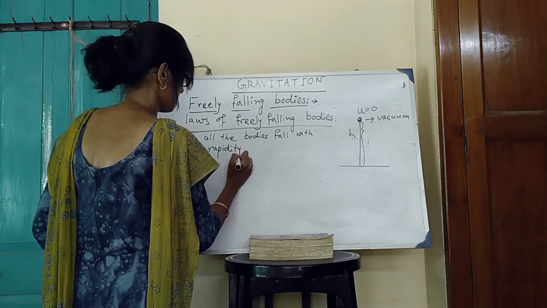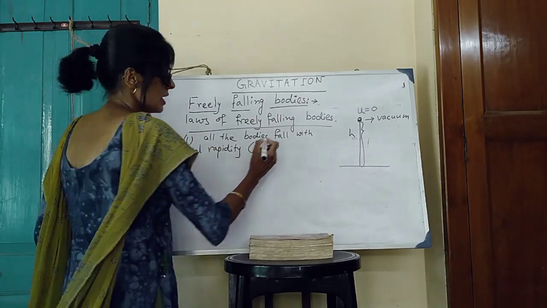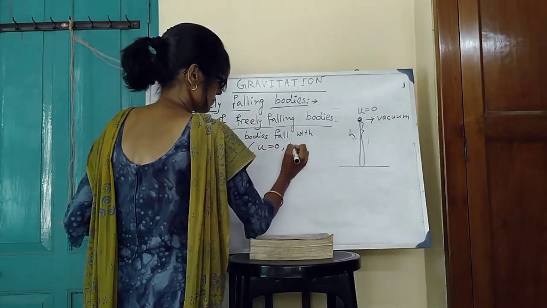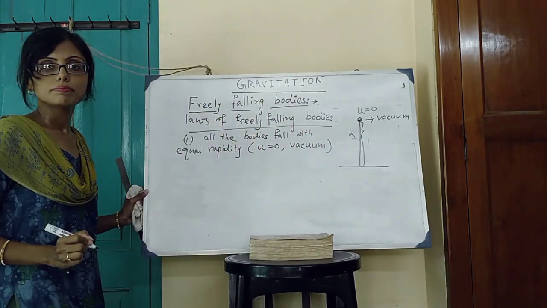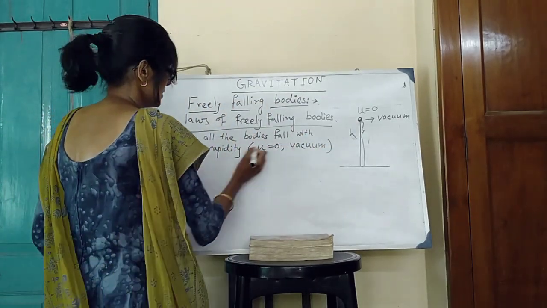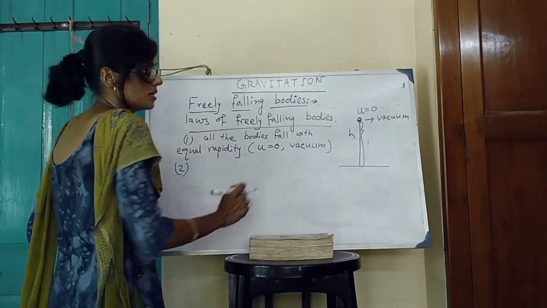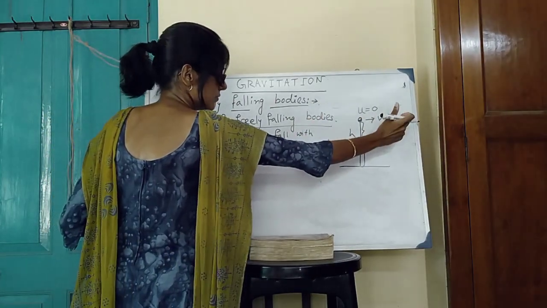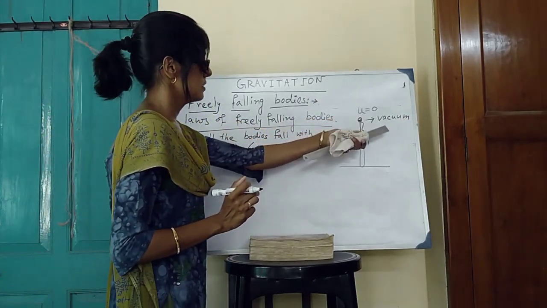What are the conditions? If initial velocity is 0 and the medium is vacuum. Clear? Number 2. Conditions are same. Initial velocity 0, and there is no surrounding medium present, so medium is vacuum.